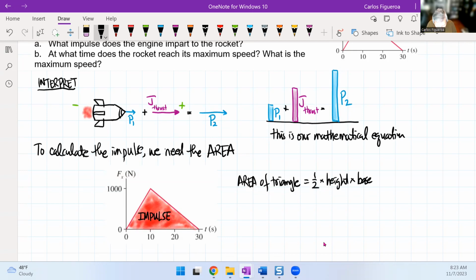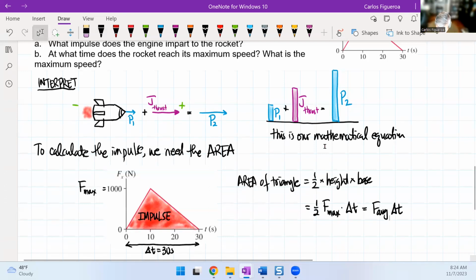So if I put that together, this reads 1/2 times my max force, and then from here to here is going to be my contact time, which is 30 seconds. So the height is F max times my contact time. And from the mean value theorem of integrals, this is also equal to the time average force times delta t.